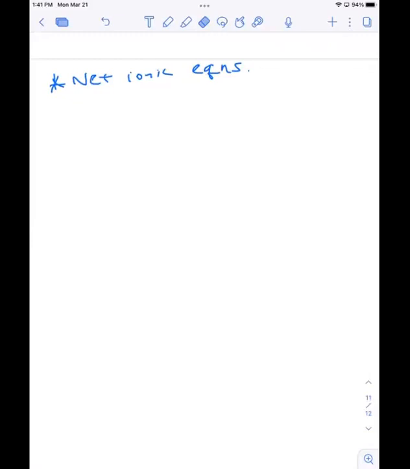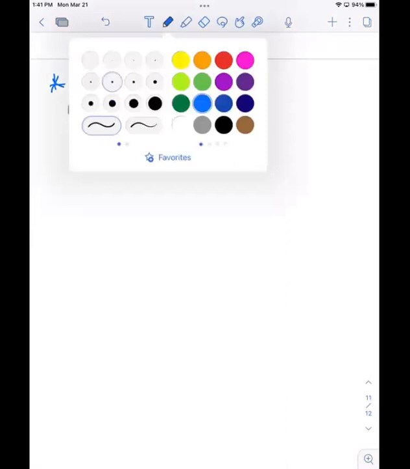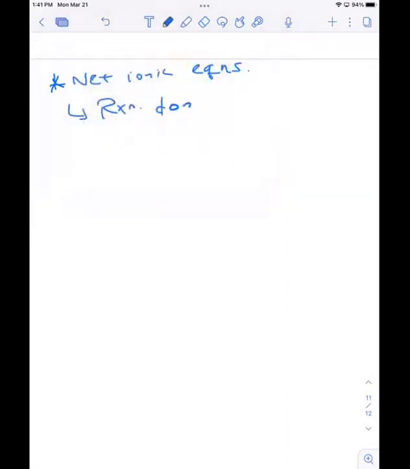So when you talk about a net ionic equation, what you're looking for in this case is a reaction that's done in aqueous medium. Aqueous is just a fancy term for water, right? So if you dissolve everything up in water, then you're able to generate what's called a net ionic equation.